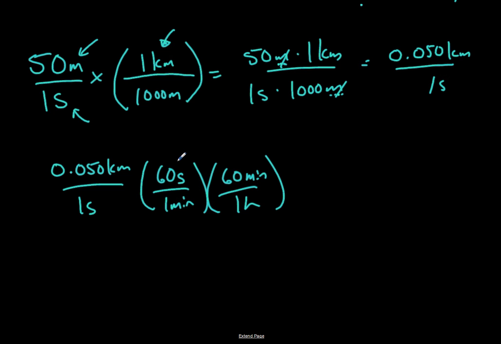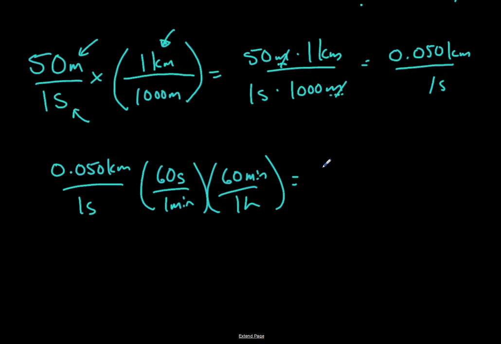3,600 times 0.050. What's half of 3,600? 1,800, minus 1 zero, minus 2 zeros. Oh, no. Is that right? I think it should end up being 180 kilometers per hour. 3,600 times 0.5 would be 1,800, right?